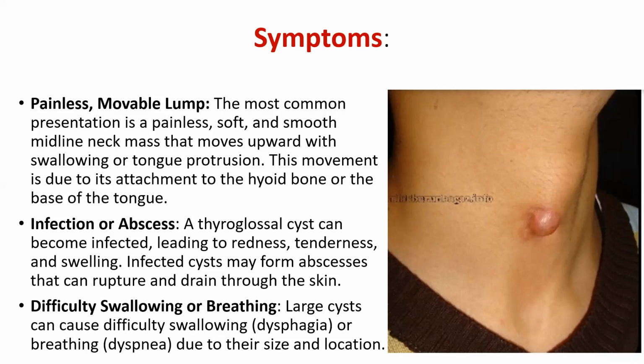It may be associated with difficulty in swallowing or breathing. Large cysts can cause difficulty in swallowing, especially with inflammation once they get infected, or due to mass effect. They may cause difficulty in breathing, dyspnea, usually due to pressure symptoms, but it also depends on where they are exactly located.